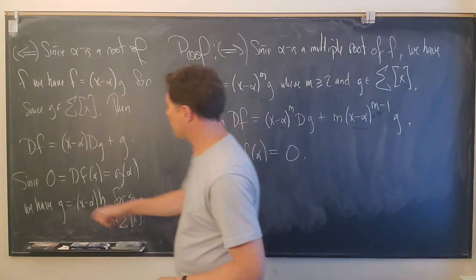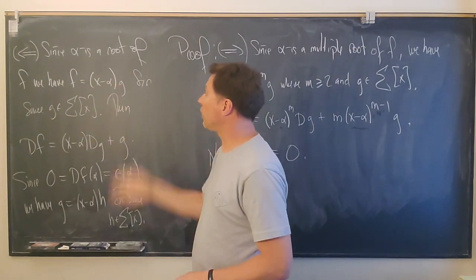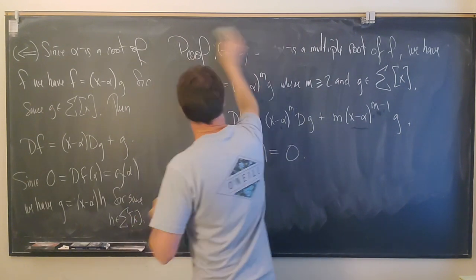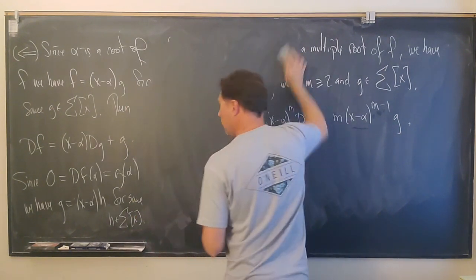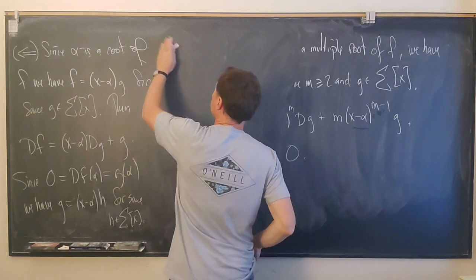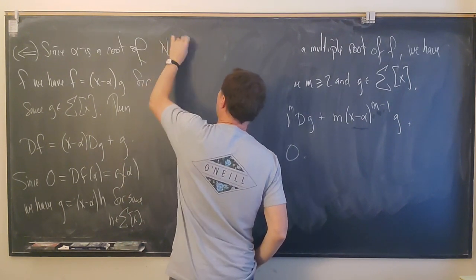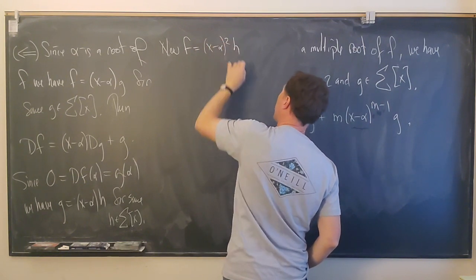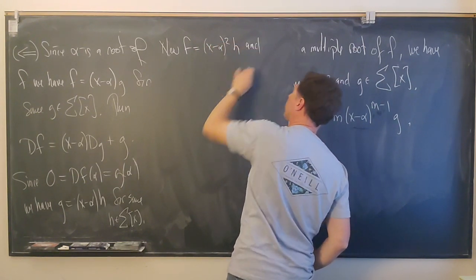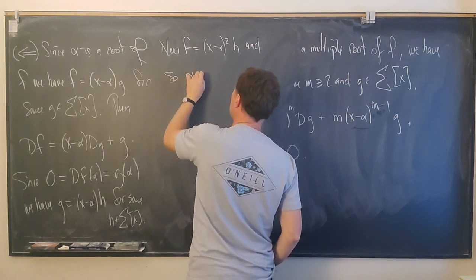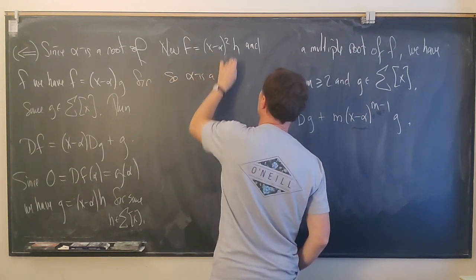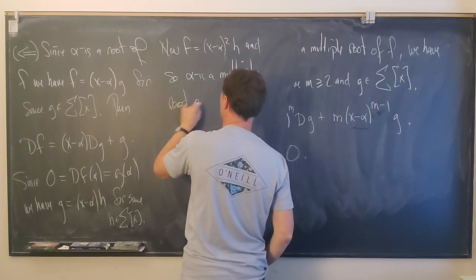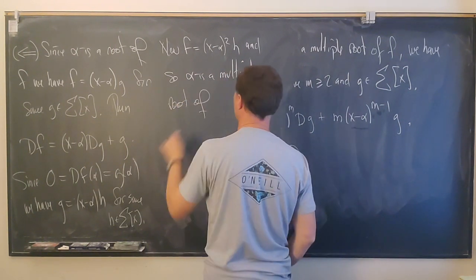And now, if I substitute g into here, notice that we have f expressed as (x minus alpha) squared times h. And so alpha is a multiple root of f.